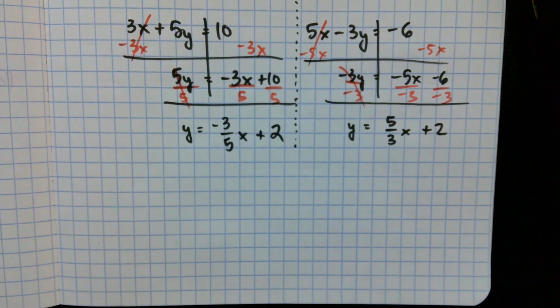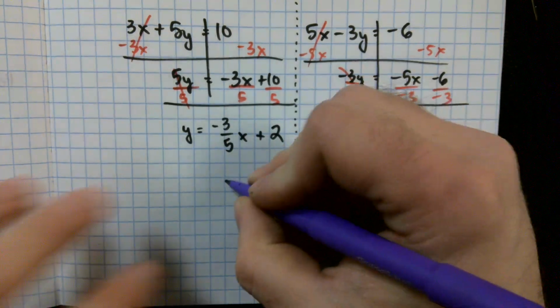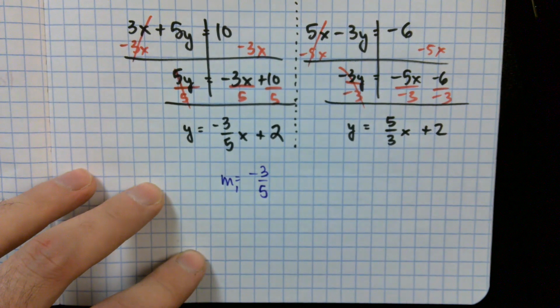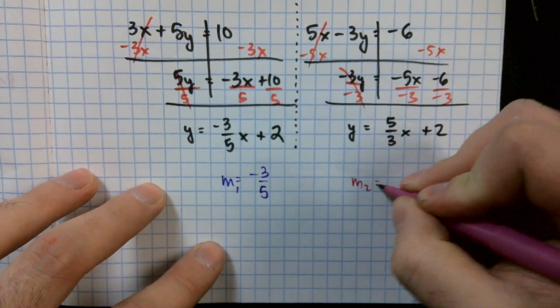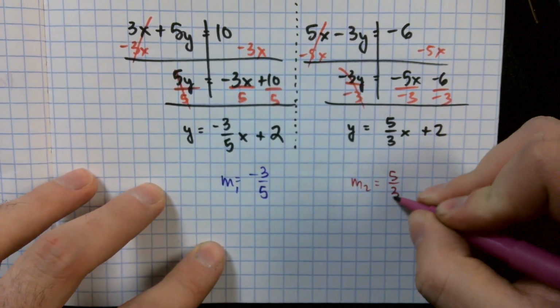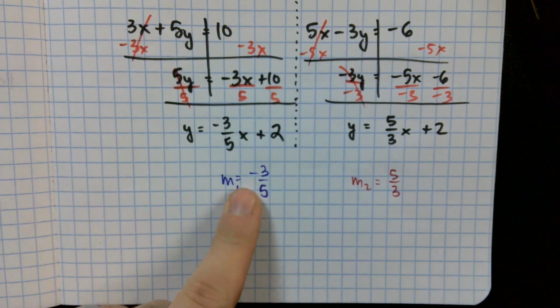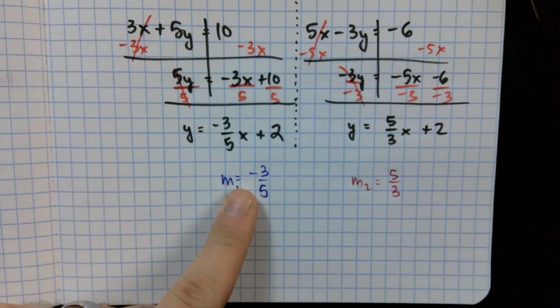Okay, so my first slope here is negative 3/5. What's my second slope? 5 over 3. Did I invert my fraction? Yeah, it went from negative to positive. Did I flip the top and the bottom? Yes.